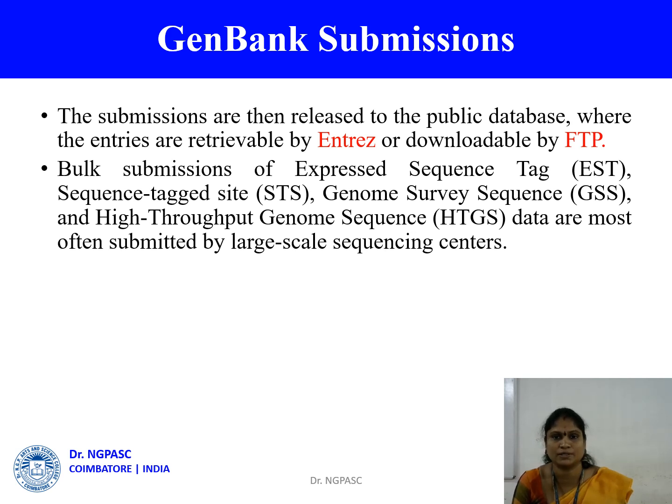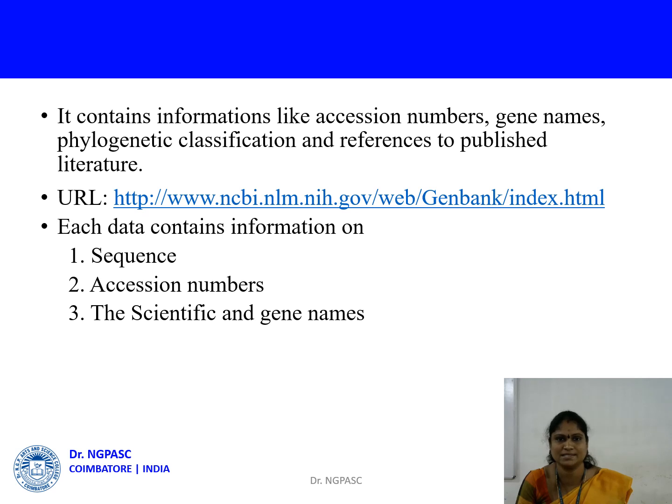Bulk submissions of expressed sequence tags EST, sequence tagged sites STS, genome survey sequences GSS, and high throughput genome sequence HTGS data are most often submitted by large-scale sequencing centers.